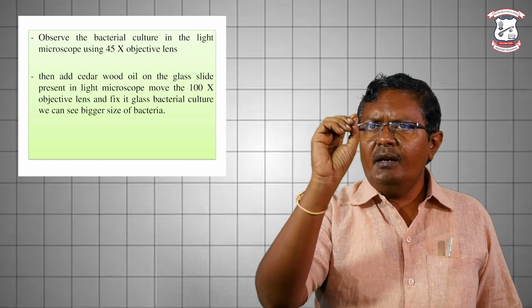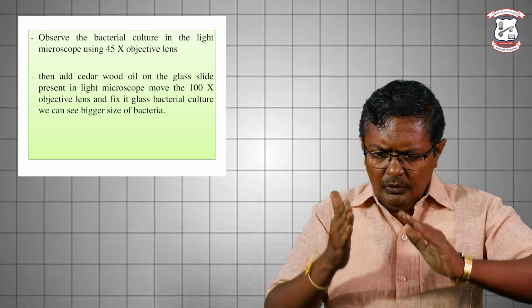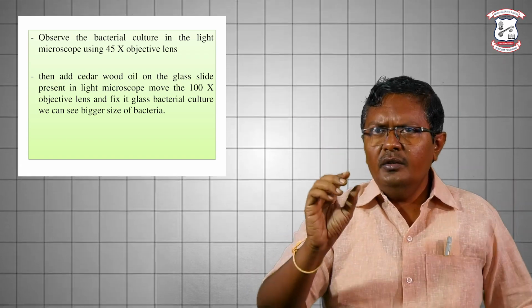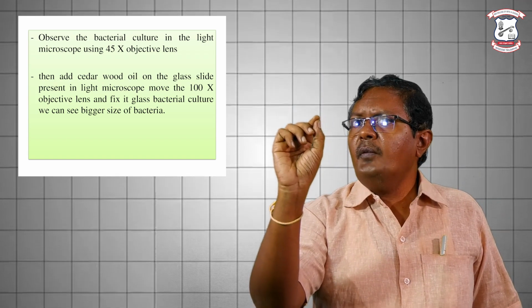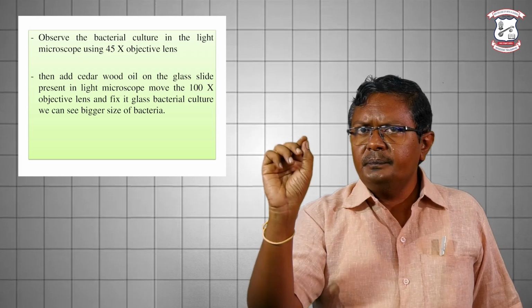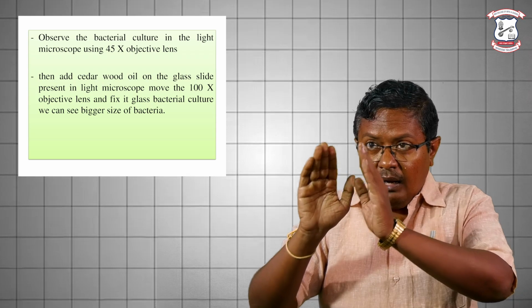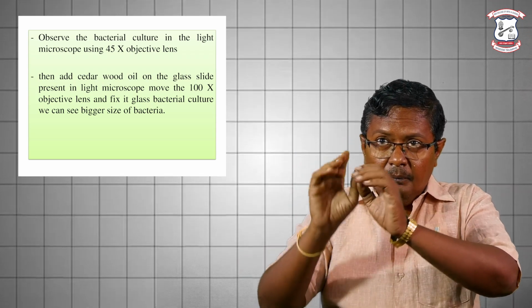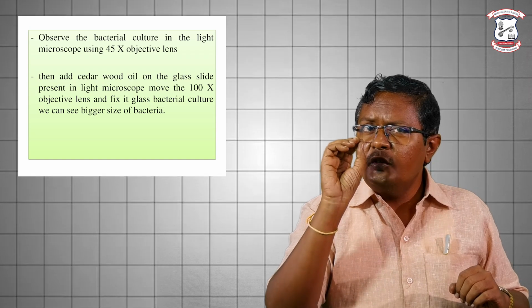So, if you want to see a bigger size, there is another option. Add cedar wood oil, 1 or 2 drops. You have to move the stage, and then add one or two drops of cedar wood oil on the glass slide present in the microscope. Move to the 100x objective. By using the 45x objective, you can see the bacteria in a small size.